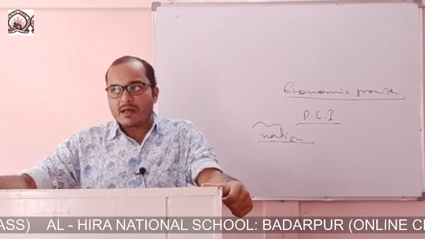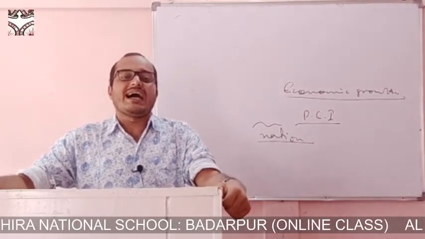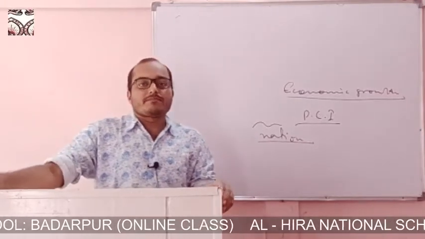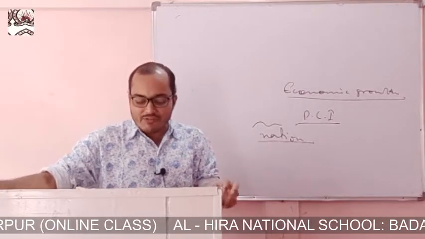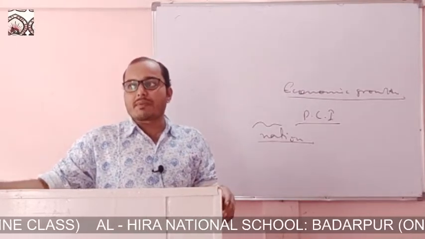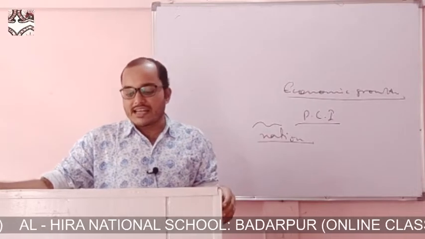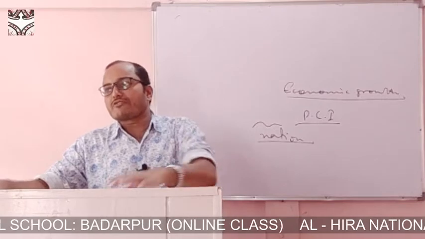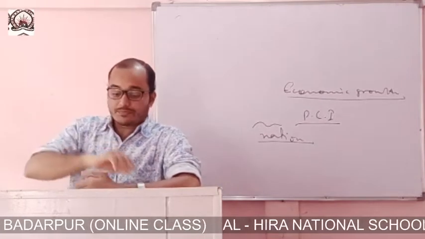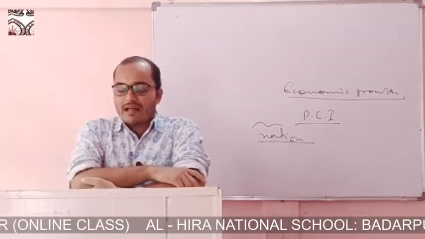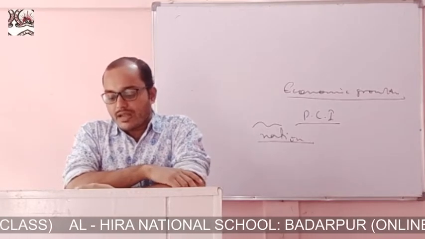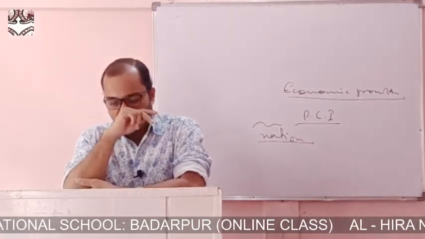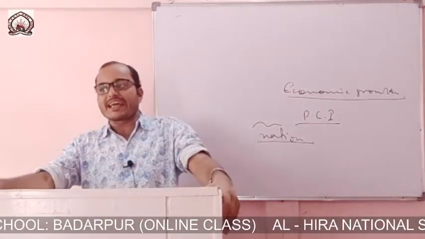So these are life expectancy and literacy, the two indices, and the third is standard of living, which includes accessibility of water and sanitation. The choice of people constitutes the core of human development, and human development covers the economic, social, cultural and political choices of the people.